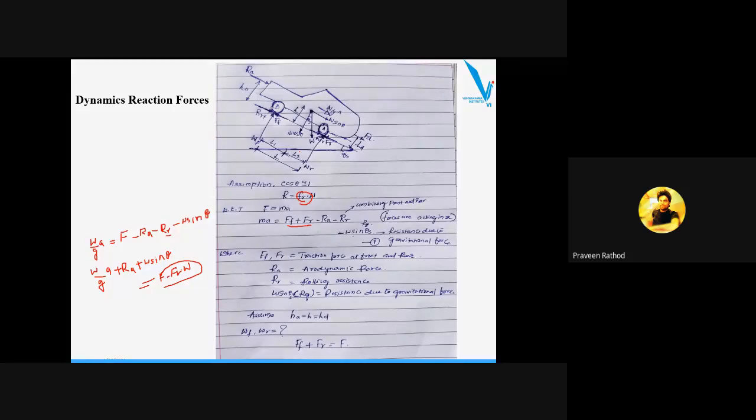So for WF, I'll get half mg into A2 by L. So WF is equal to 1 by 2 mg into A2 by L. For WR, I'll get half mg A1 by L.